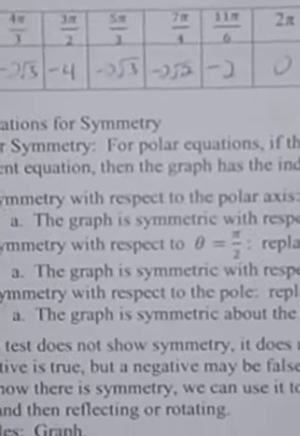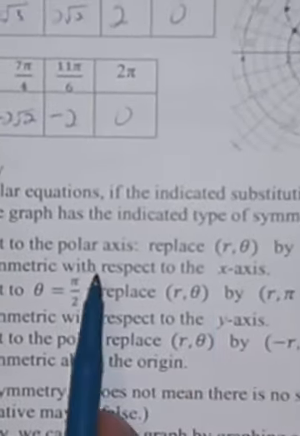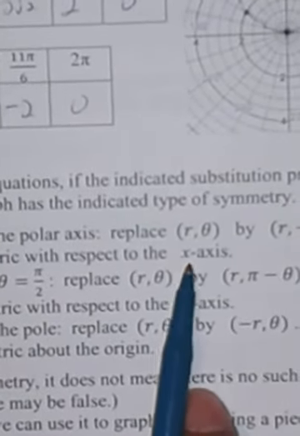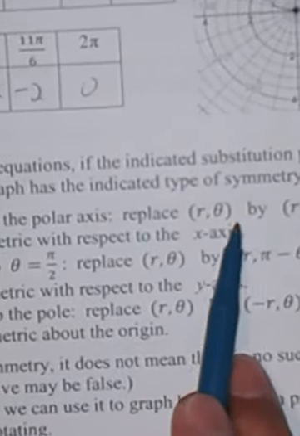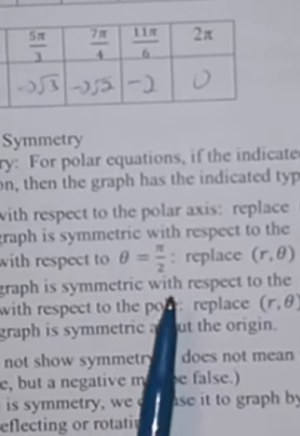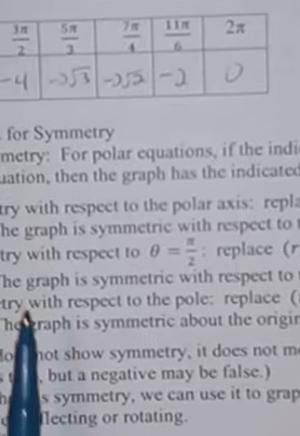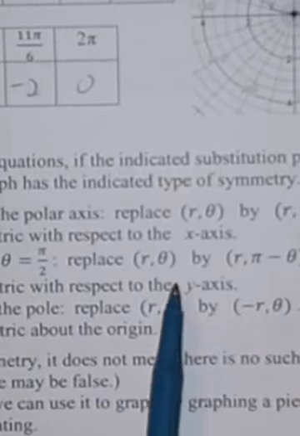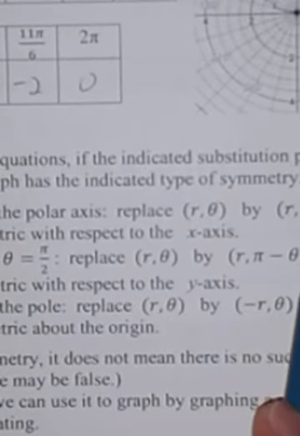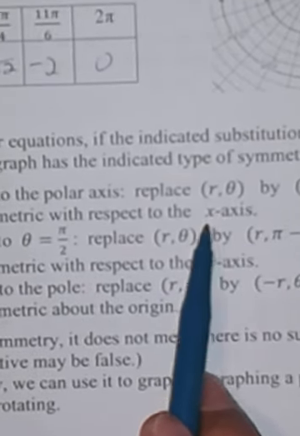All right, so how do we test? To test for symmetry around the x-axis, we replace (r, theta) with (r, negative theta), and it should give us an equivalent equation. That's what we're checking for. That means it's symmetric with respect to the x-axis.